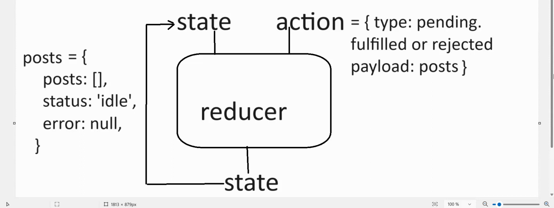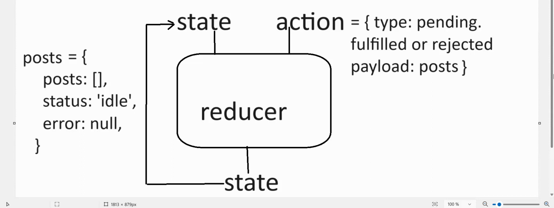First question: what is the part of status and error? Middleware creates the changes of status and the changes of error.